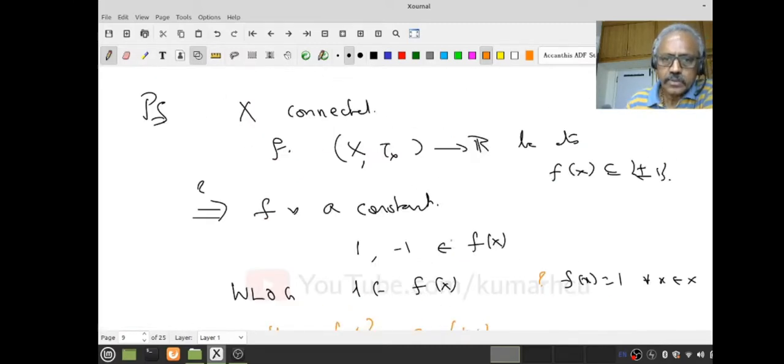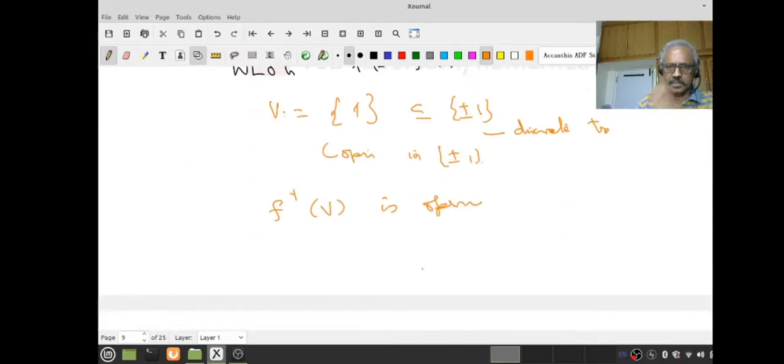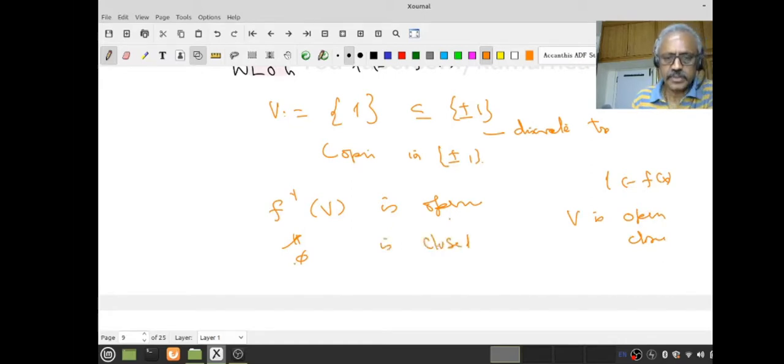Now notice that 1 belongs to f(X), that means f inverse of V is not empty. Further, since this is the discrete topology, V is also closed. So V is both open and closed. Therefore f inverse of V is open, non-empty, and also closed because V is closed.